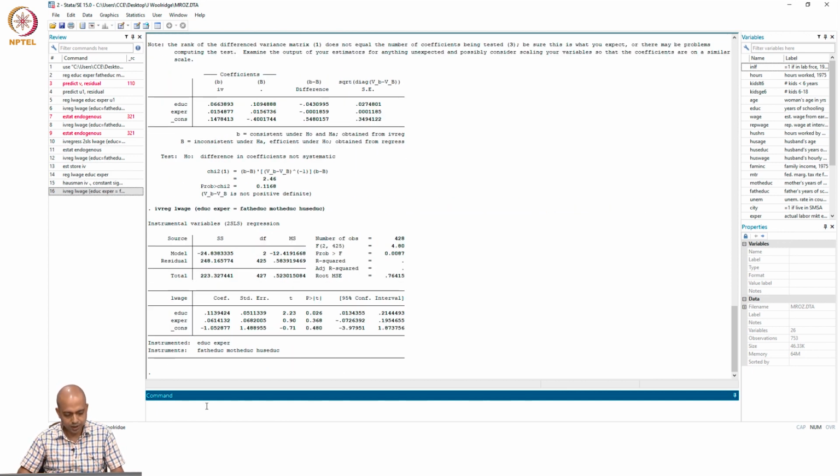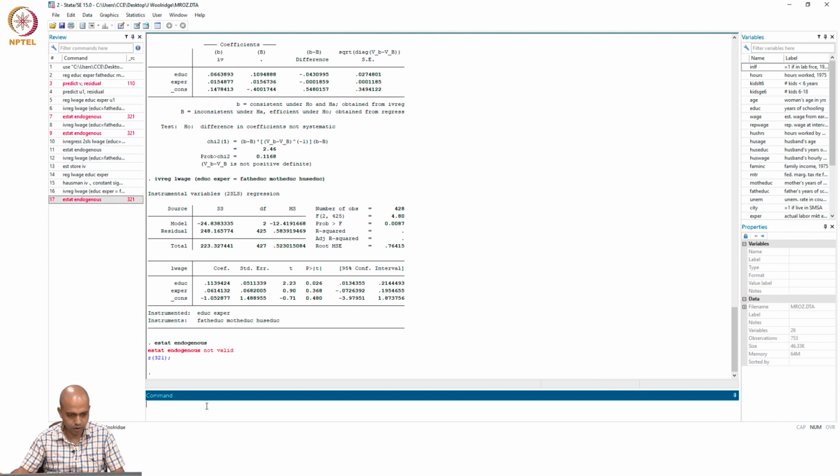Oh sorry, this ivregress 2SLS we have to use, otherwise it will not work.